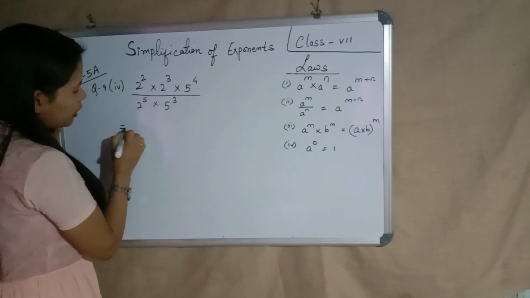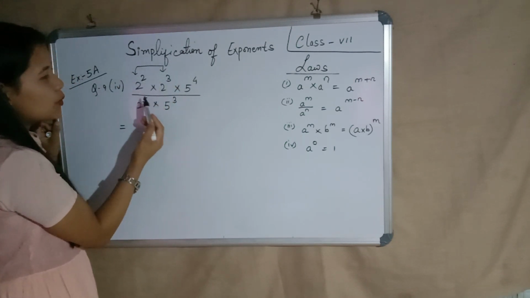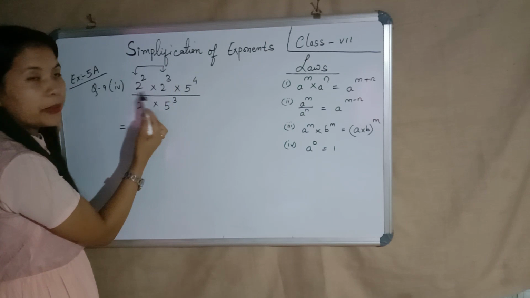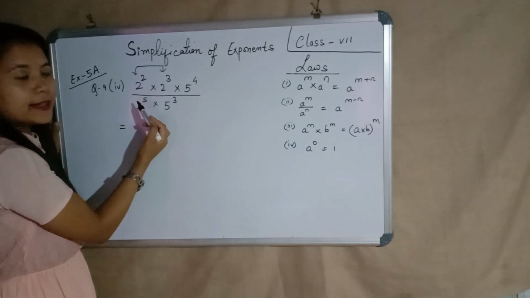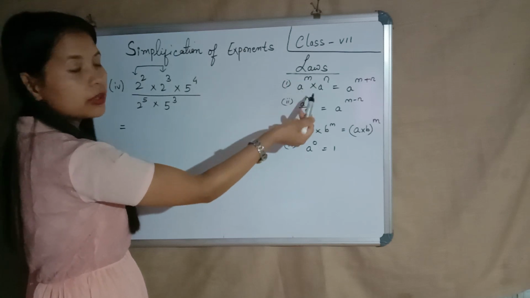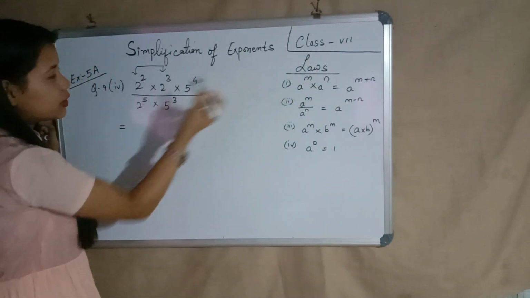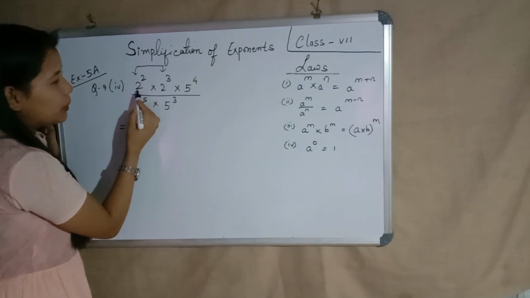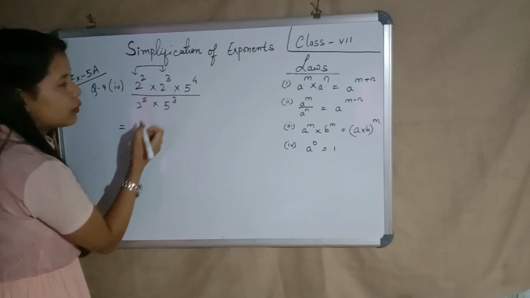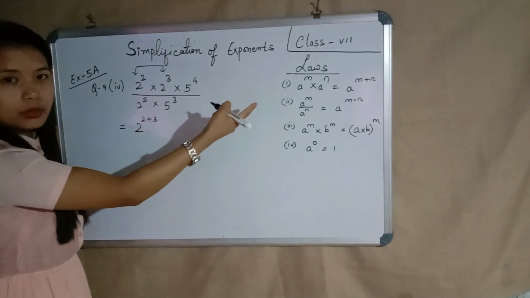If you look at these two numbers, they are power numbers having the same base but different exponents. According to the first law, we just add the powers. So when we multiply 2 to the power 2 into 2 to the power 3, it will be 2 to the power 2 plus 3, according to law 1.